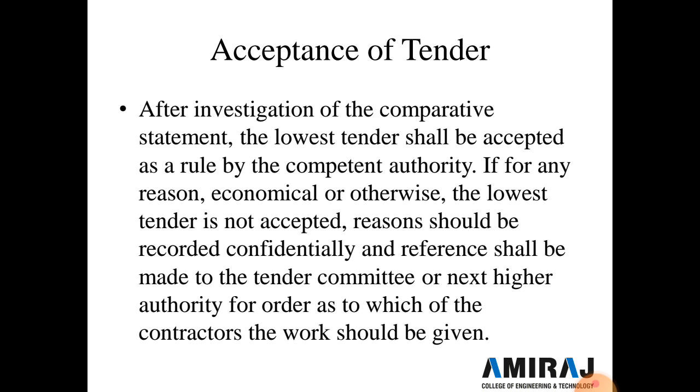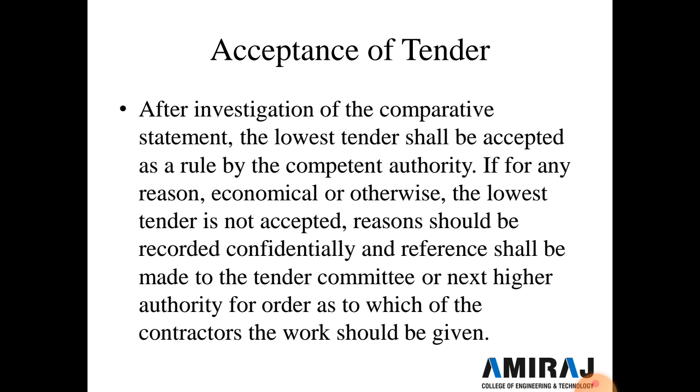Now next is acceptance of tender. It is an important point of the chapter on tender and tender notice. After investigation of the comparative statement, the lowest tender shall be accepted as a rule by the competent authority.